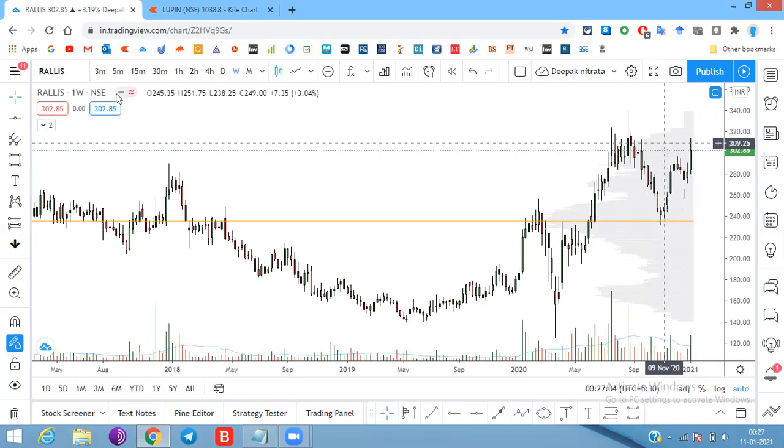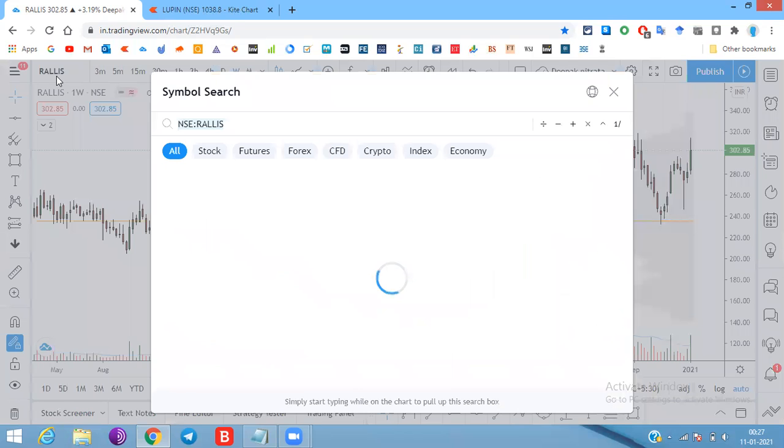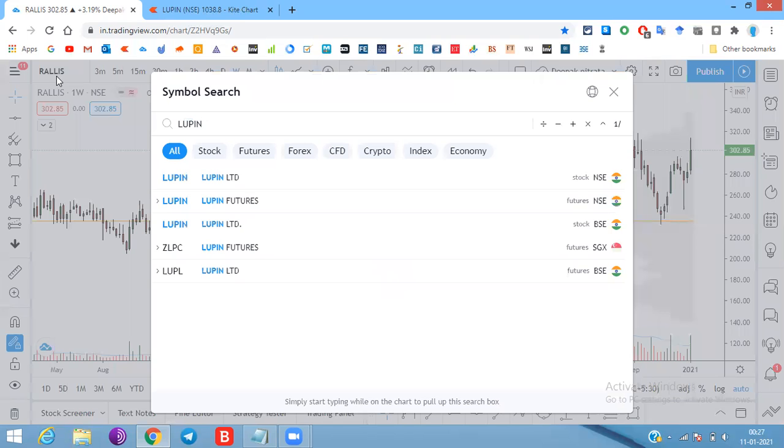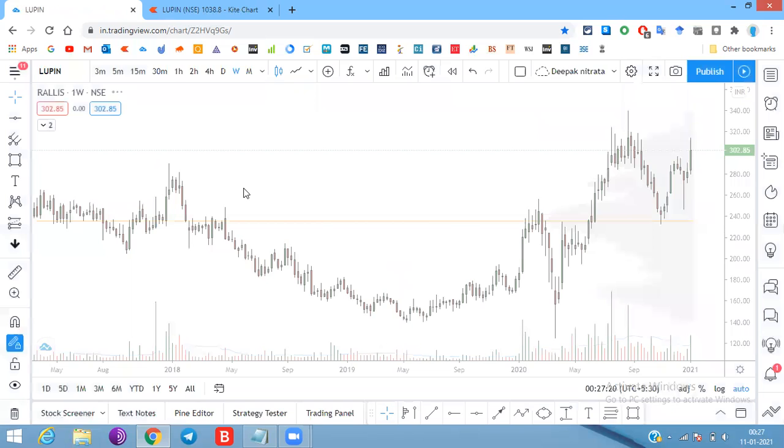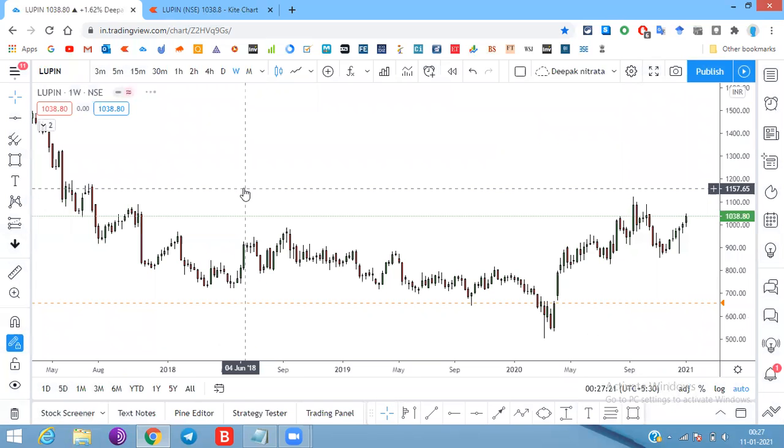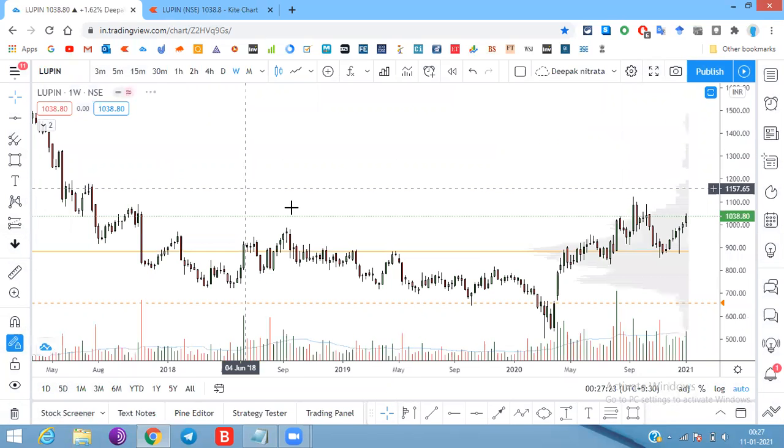Okay, now I'll show you guys an example of overhead resistance or overhead support. Okay, Lupin. Let me show you a chart of Lupin weekly.